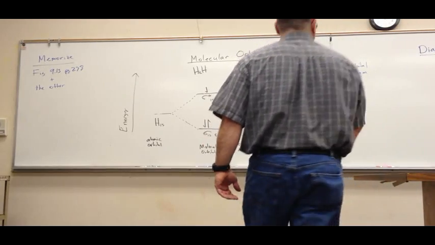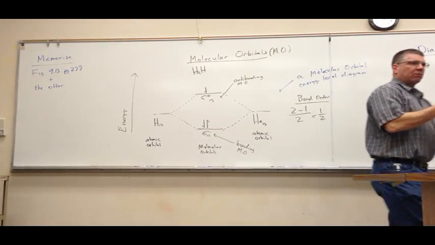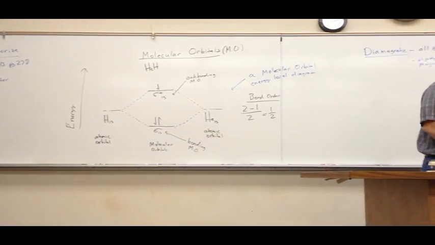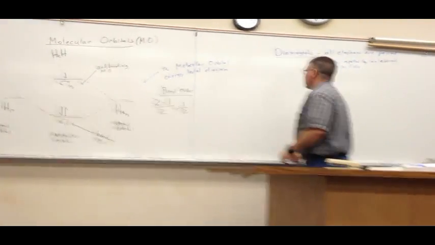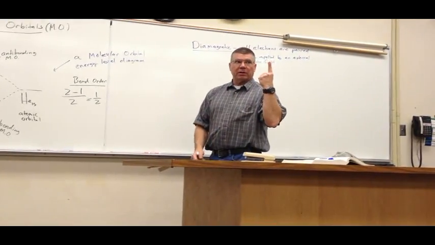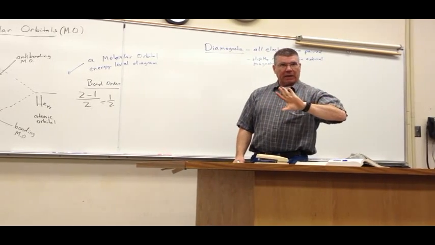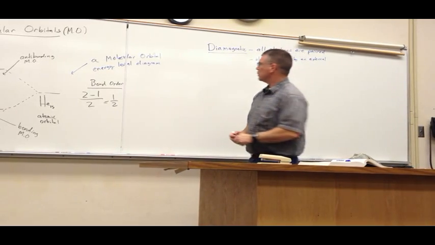So diamagnetic means they're all paired up, all the magnetic fields of the electrons cancel. Paramagnetic means there's at least one unpaired electron, and that means the whole thing's going to act like a little bar magnet.